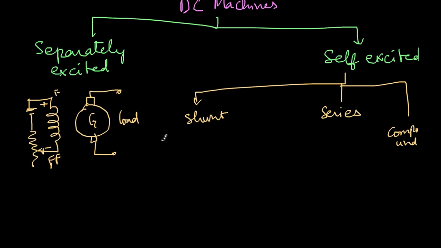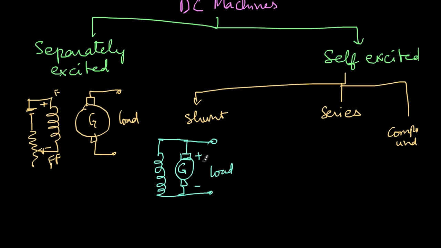In the shunt winding, it is like this. Shunt winding is connected directly across the armature winding, and here there is a load. Whenever the armature is generating a voltage, that voltage is applied to the field. Therefore in the field there will be a current and the field will work normally.